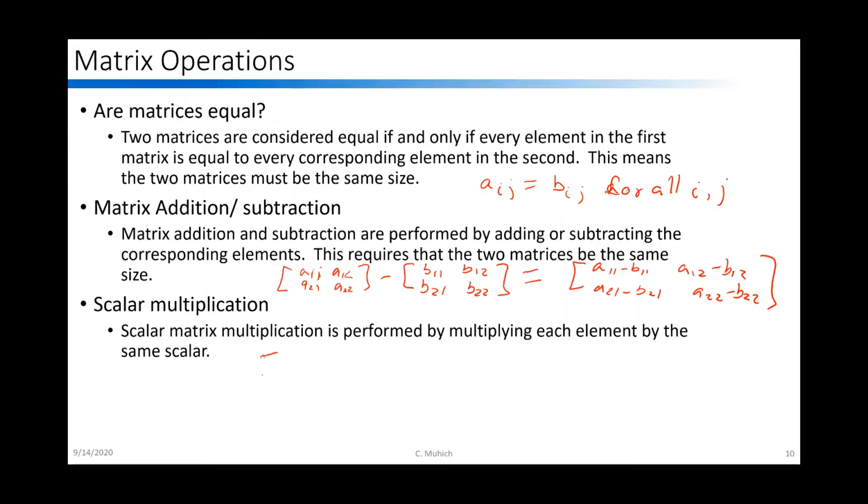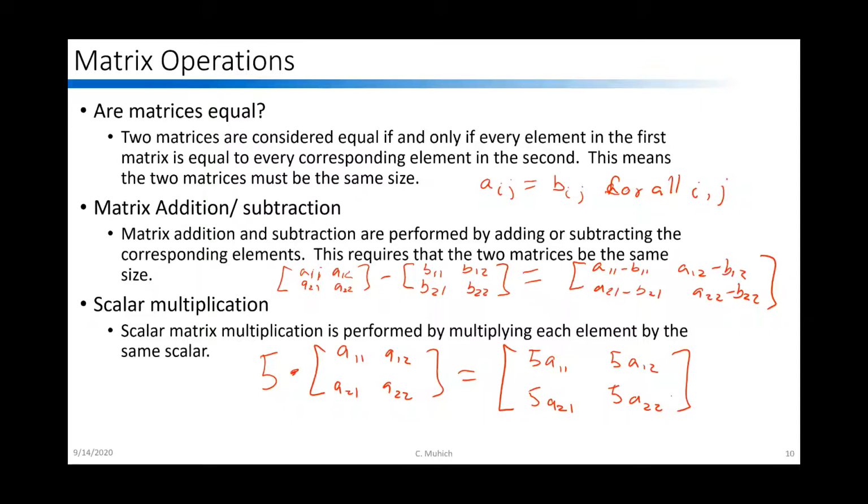So in this case, maybe say 5 times A11, A12, A21, A22 results in a matrix where we take that scalar and multiply it by each of the individual pieces. So 5A11, 5A12, 5A21, and 5A22.